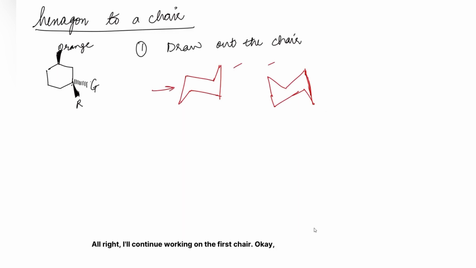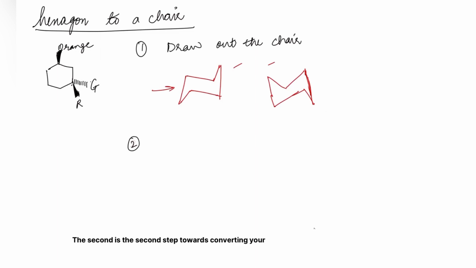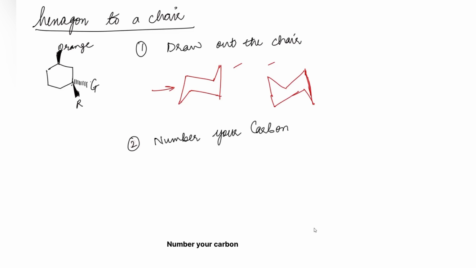Okay. And then the second step towards converting your hexagon to a chair conformer is number your carbon on your hexagon and on your chair.